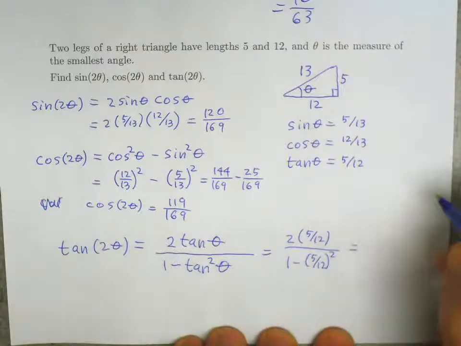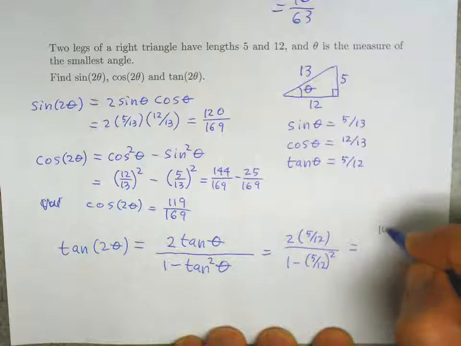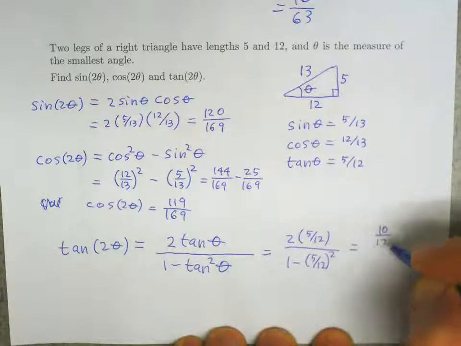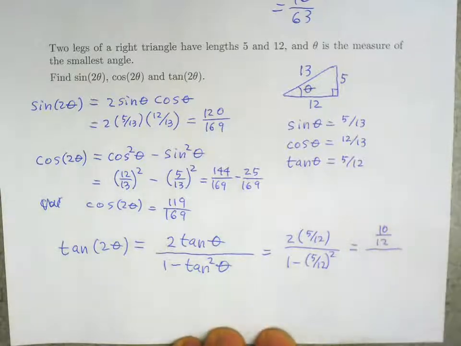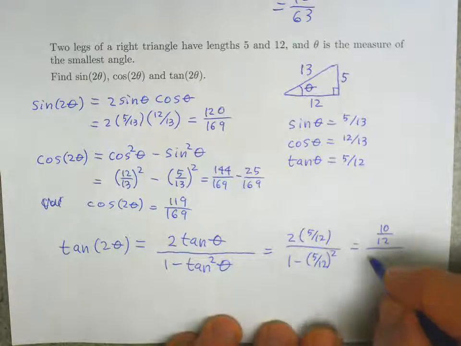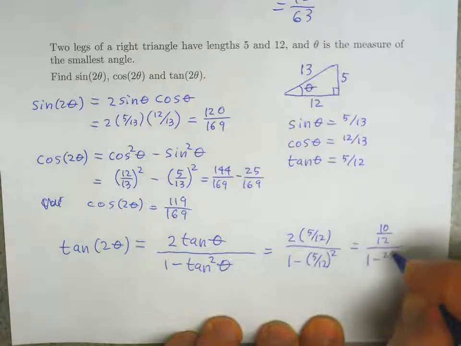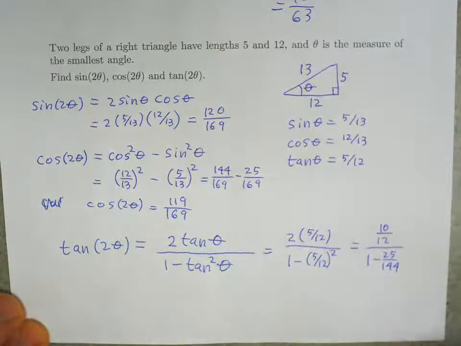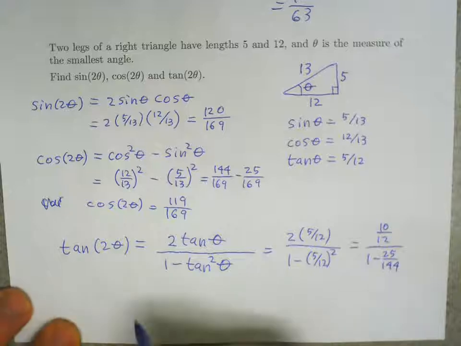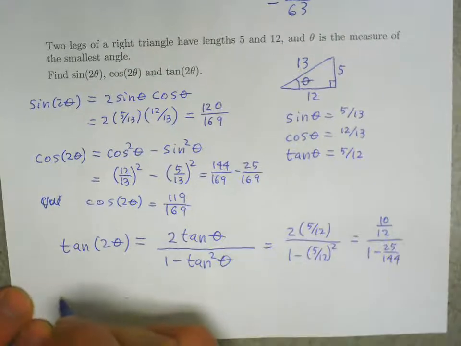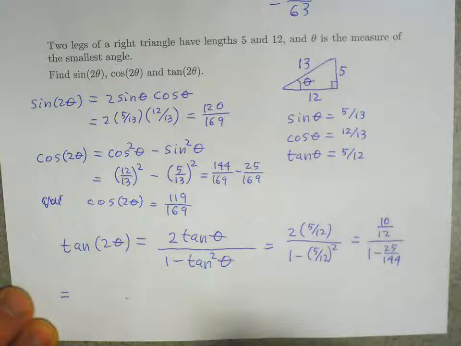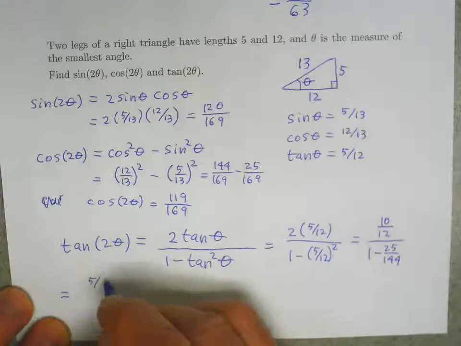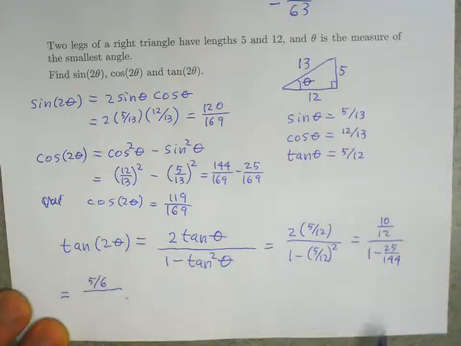So we're going to get in the numerator 10 over 12. In the denominator, 1 minus 25 over 144. So let's simplify a little bit. 10 over 12 is 5/6.